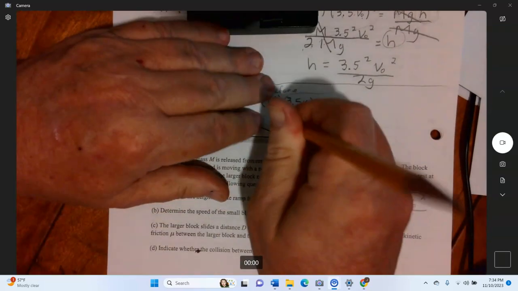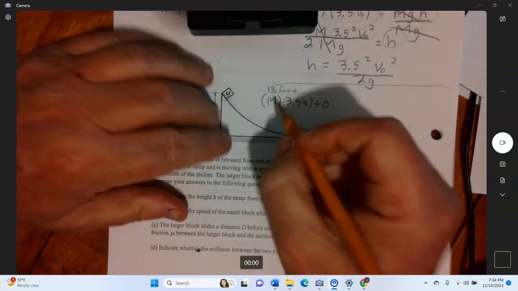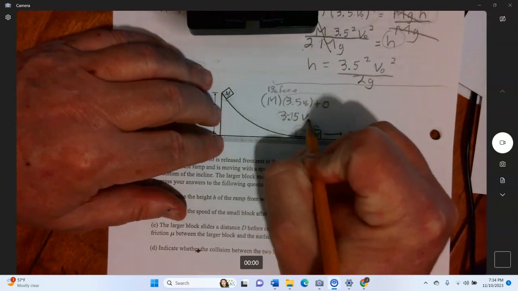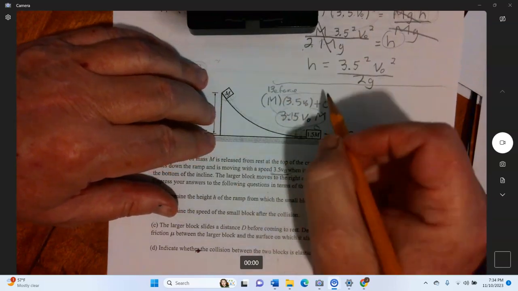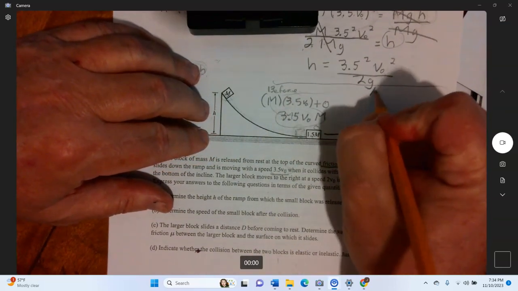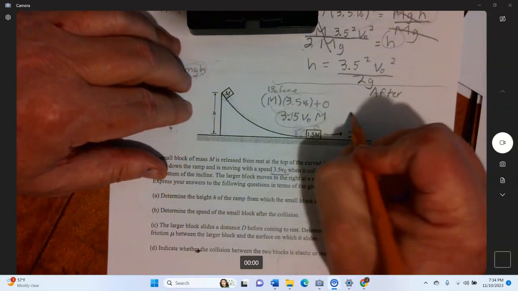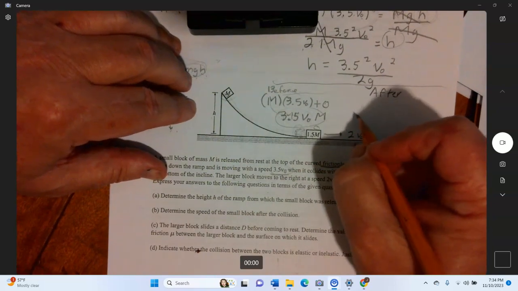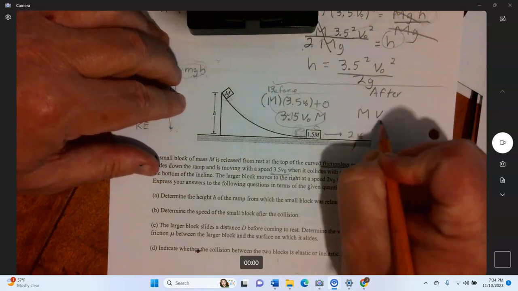Okay, so that means the total momentum is 3.5 VO times M. That's the total momentum before. Now after, what is it? Well, it's got to equal 3.5 VO M, and after it is M times its unknown velocity after.